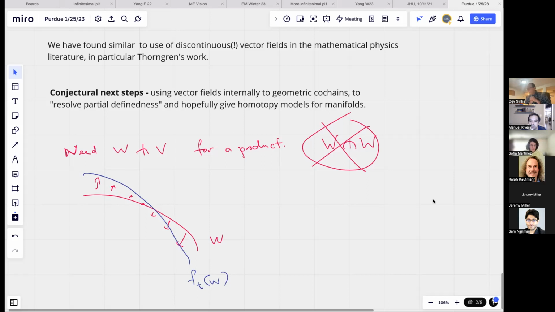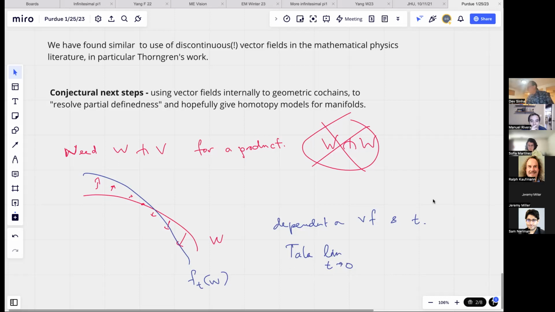But of course, that's choosing a vector field, so it's dependent on a vector field and some sort of time for flow, but there's at least a potentially canonical time for that. You can take the limit as t goes to 0, right?